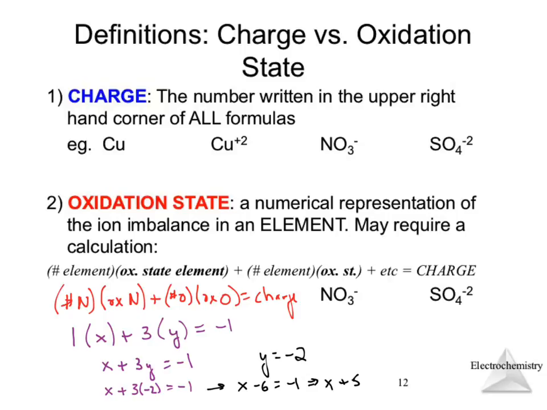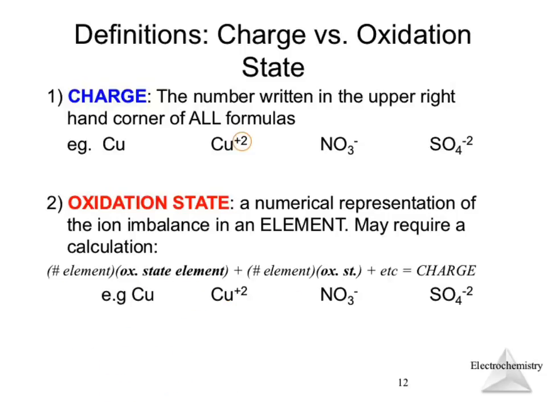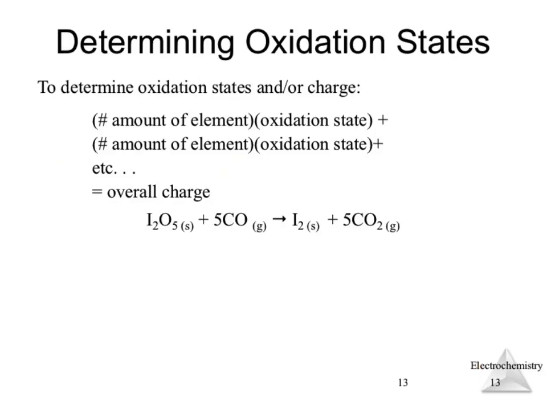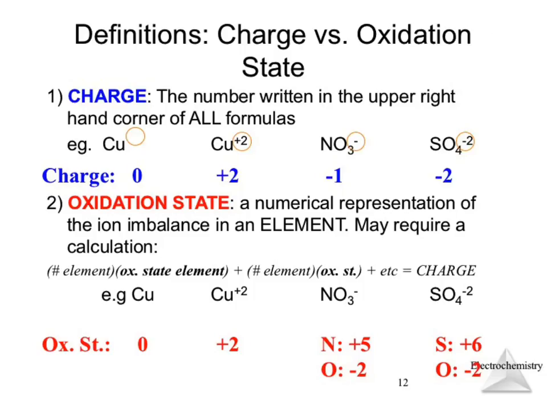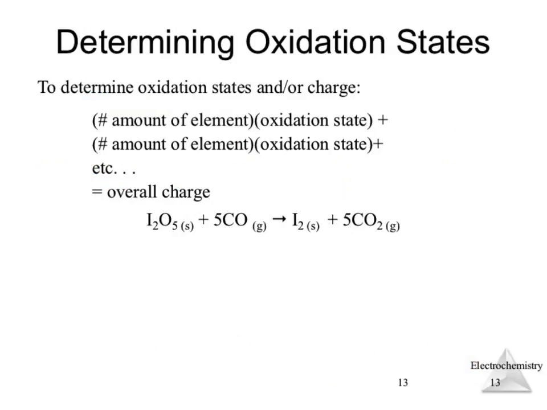Okay. Make sense? Do you guys need to do the sulfate? I saw a couple no's, so we're going to move on. But we can see all the answers. Whoa, sorry. There's your answers. Ta-da! Answers. Determining our oxidation states.